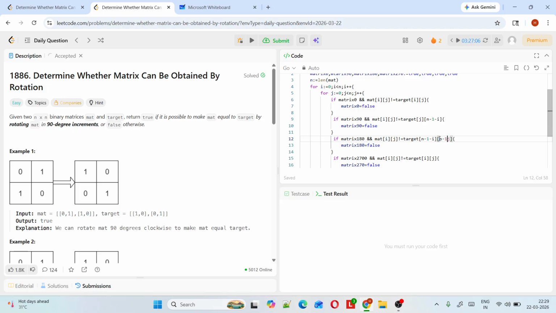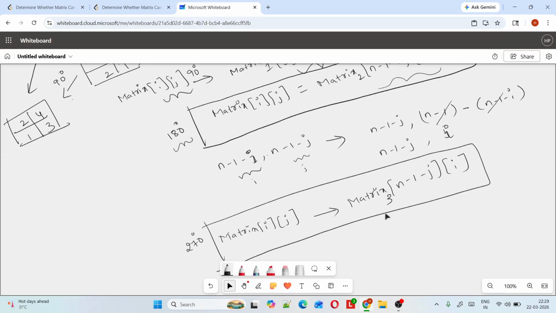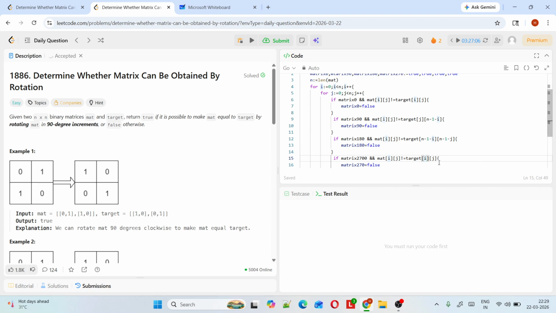And here this one, first n minus 1 minus j of I. Okay, sorry, this is 270.